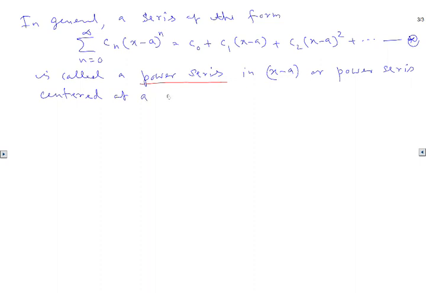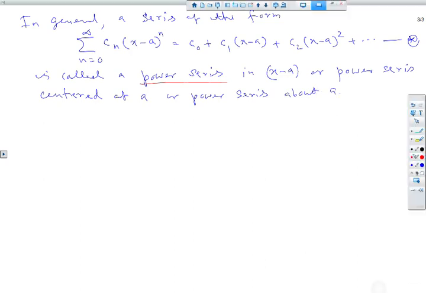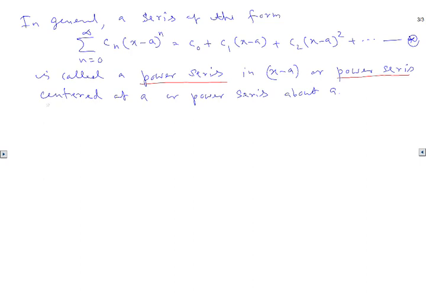That's another one. Or we say power series about a. So those are three names. Just pick one of them. Different people say different names. One is power series in x minus a, which is the least common one. Then we say power series centered at a, or power series about a. There are three ways to say it.